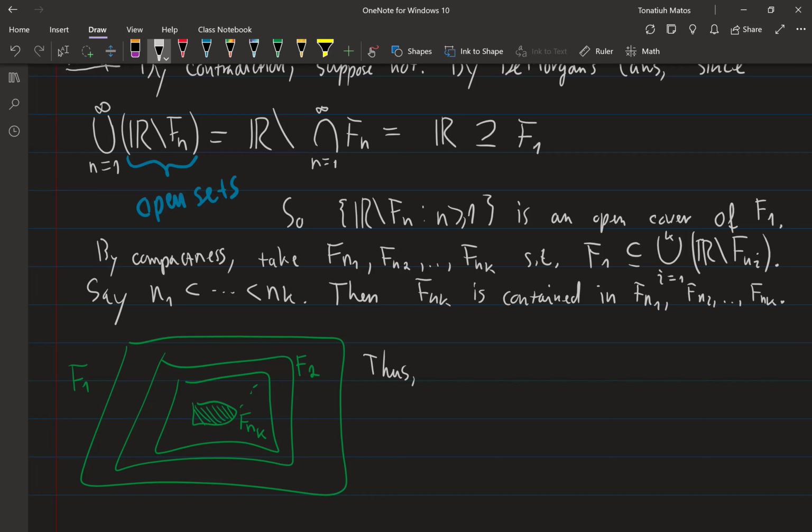That means that if you take the complements, the complements of Fn1 up to Fnk are all contained in the smallest one's complement, which would of course be the largest one, right? When you take complements, it flips. Does this make sense? Why is this problematic?